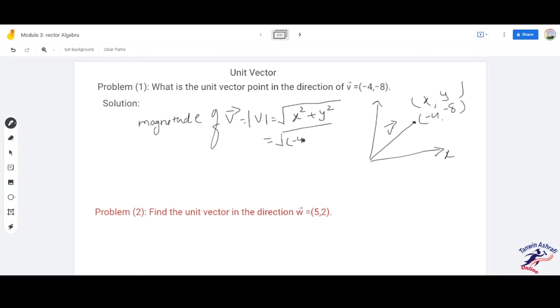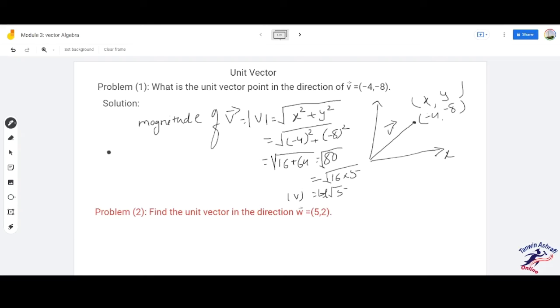Therefore, minus 4 whole squared plus minus 8 whole squared, and that leads us to 16 plus 64, 80 under root. Now if I write it in the form 16 multiplied by 5, and take the 16 out of the root, we have 4 times the square root of 5, which is the magnitude of v.